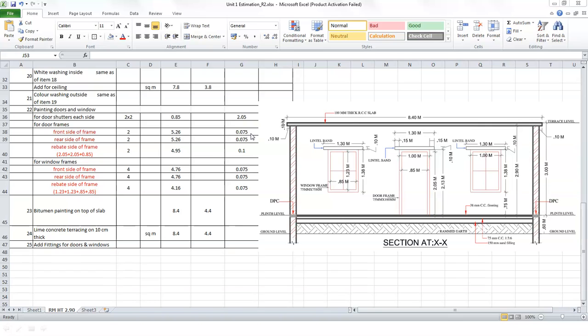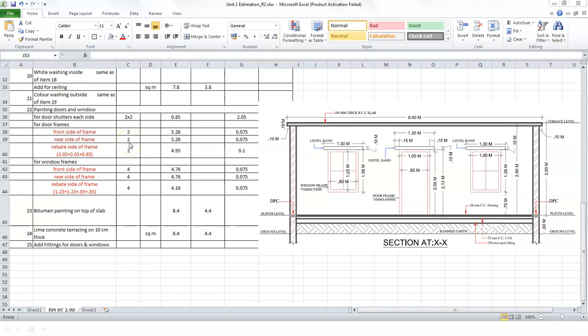We know that the cross section of the frame is 0.075 into 0.075, and so we take the dimension as 0.075, and that becomes the input for the painting of the door frame. Now, because there are 2 sides to it, the inner and outer side of the door frame, we multiply it by 2.